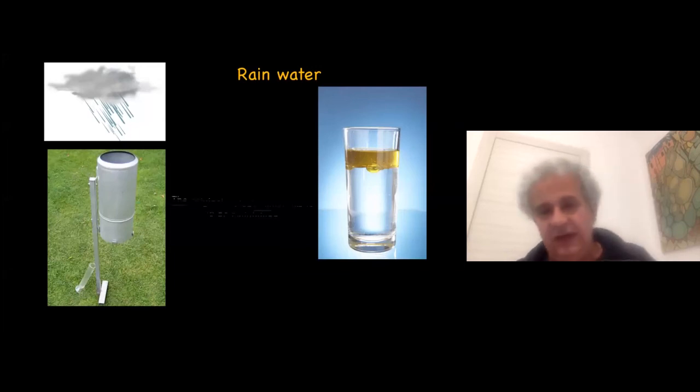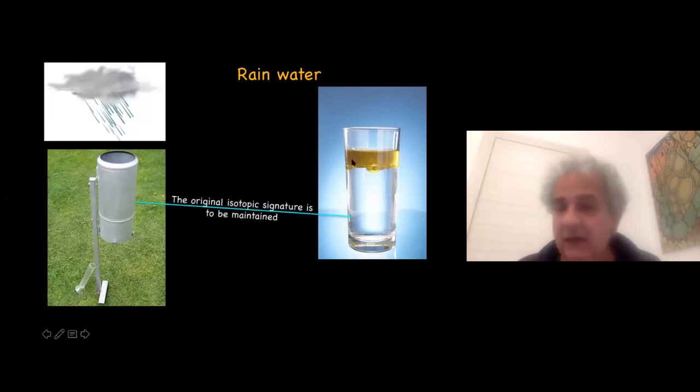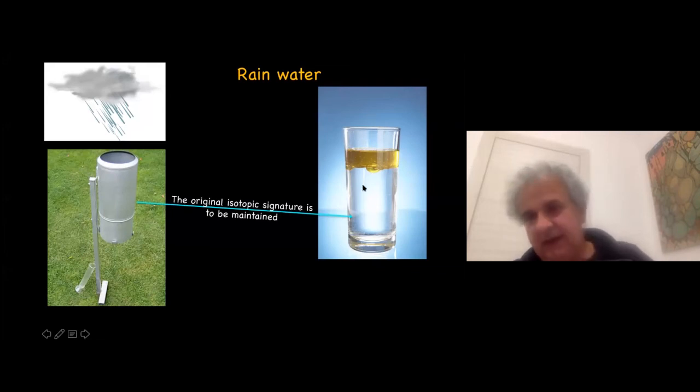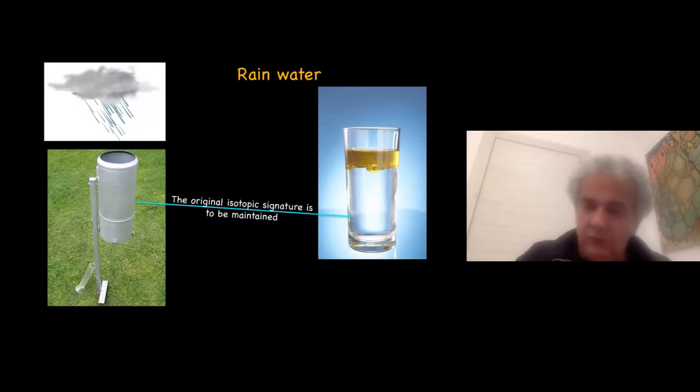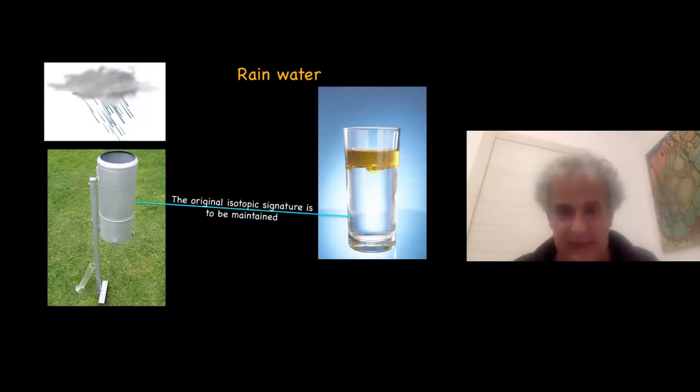You avoid evaporation by adding a lighter liquid like glycerin. So when it rains, the water enters the glycerin, and the glycerin is a sort of lid. It does not allow the evaporation of the water. So you can safely do the water isotopes in the rainwater.